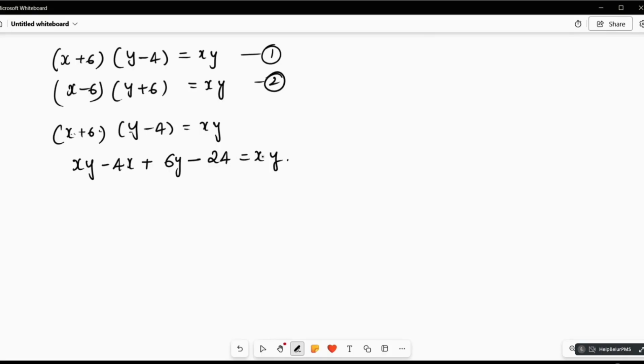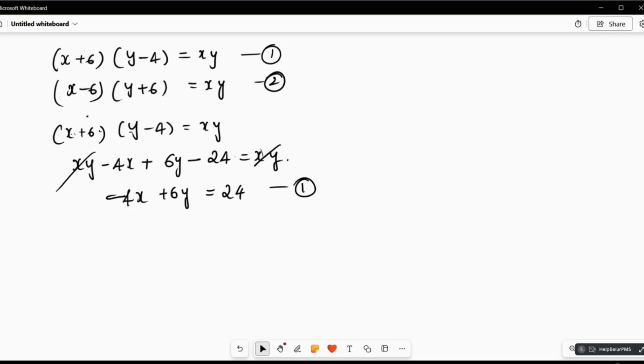If I shift xy to this side, it becomes minus xy, and I can cancel these two. Minus 24 I have transposed to the RHS. So I'll get minus 4x plus 6y is equal to 24.